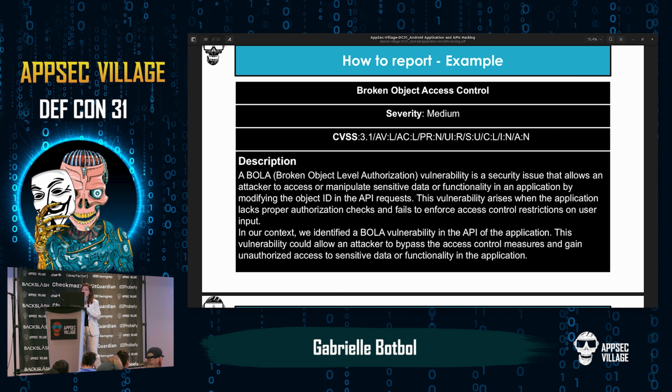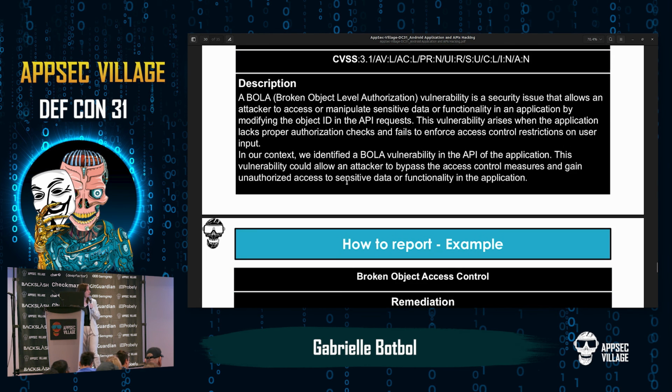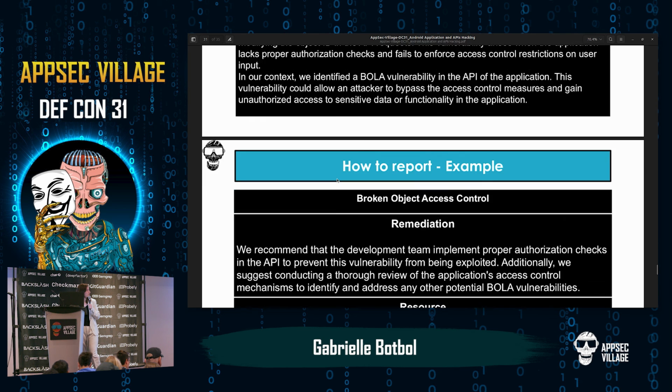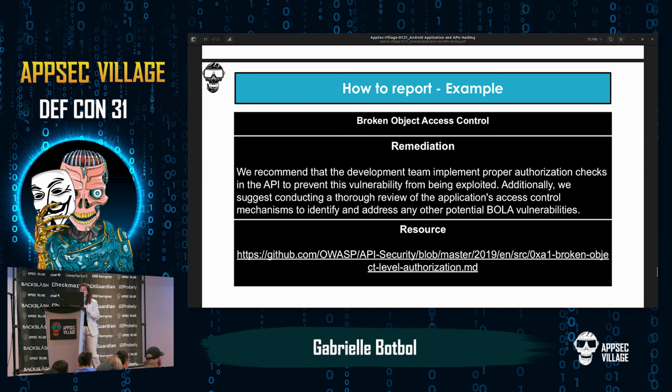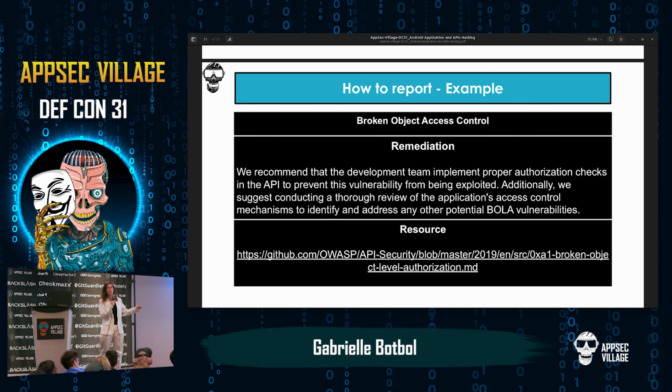This is also where you put your evidence, the request and the response. And then here are the remediation steps. It can be more detailed than this, since the slide is quick, but you can put way more details. And you also have resources that you can provide for people who are going to correct the vulnerability, to give them references they can rely on, which is really helpful.